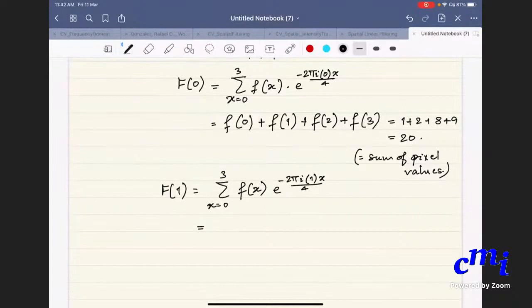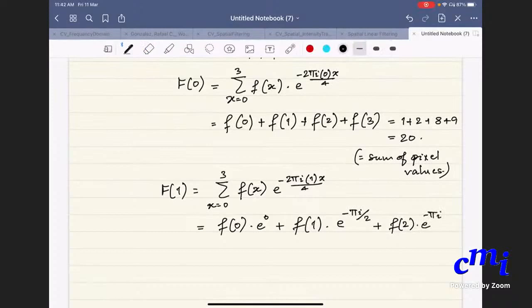When x is 0, this is f0 times e raised to 0, plus when x is 1, this is f1 times e raised to minus 2 pi i by 4, or just minus pi i by 2, plus f2 times e raised to minus pi i, plus f3 times e raised to minus 3 pi i by 2.